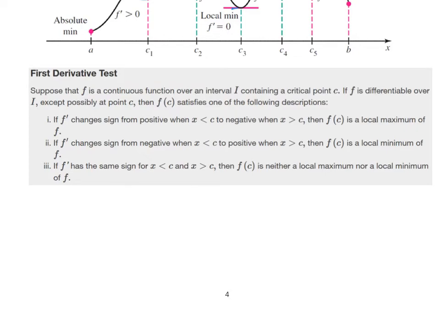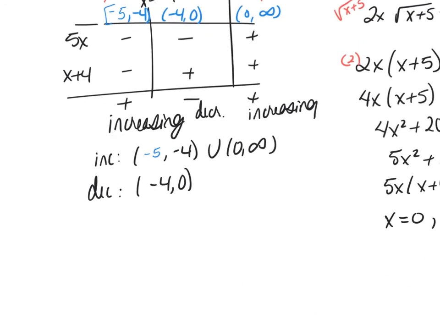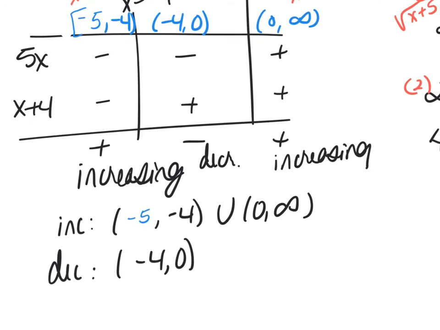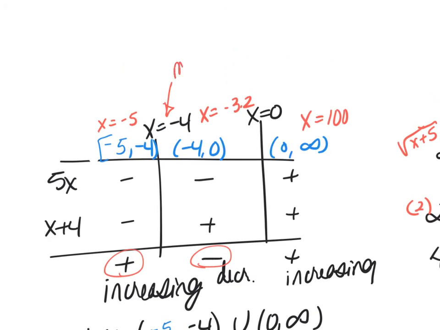So what this is telling us, if we go back to our example right here, is that by that definition, because I'm coming in increasing and I'm leaving decreasing, right at this point, at x equals negative 4, what I have is a maxima.